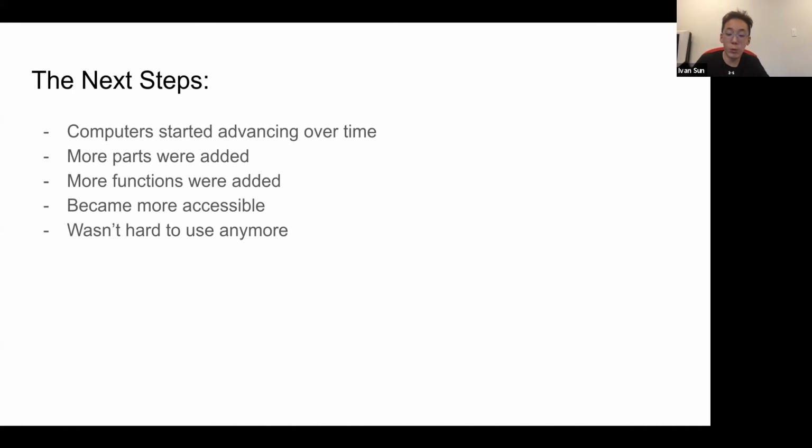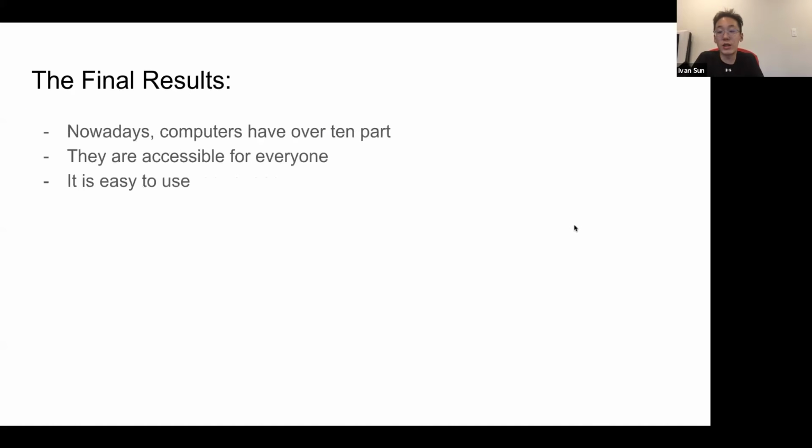So anyone who wanted one, or who could afford one rather, was able to buy one. And then the final results. Nowadays computers have over 10 parts. I would actually argue way more than 10 parts if you're counting each specific thing that consists of it. But they're accessible for everyone, and it is easy to use.